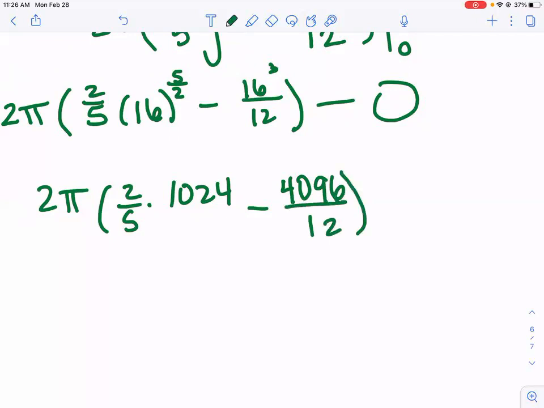Because it would be 4 to the 6th. So 4 is 2 squared. Okay, so now you need your calculator.